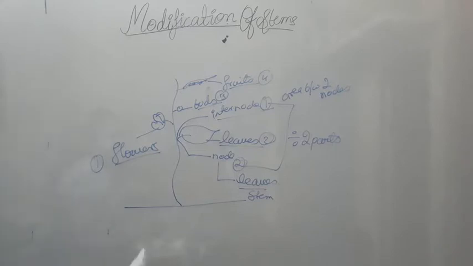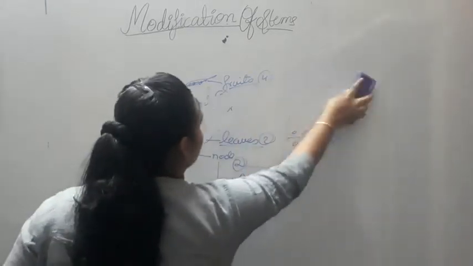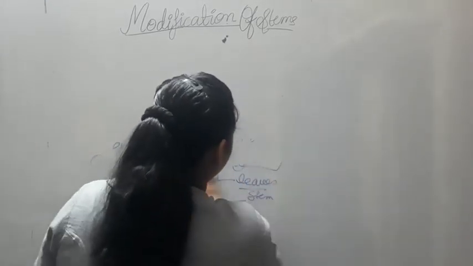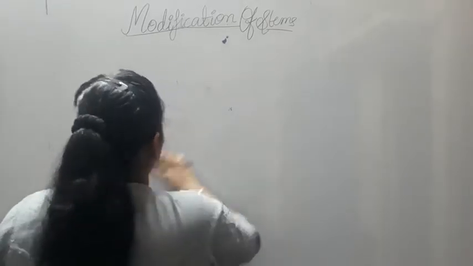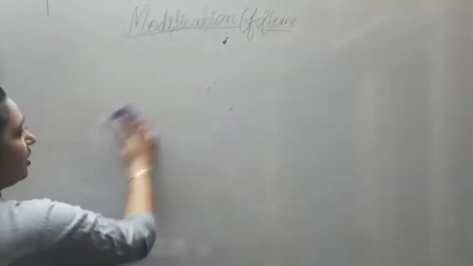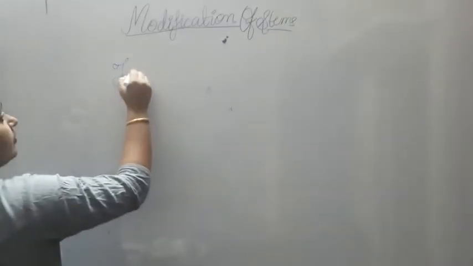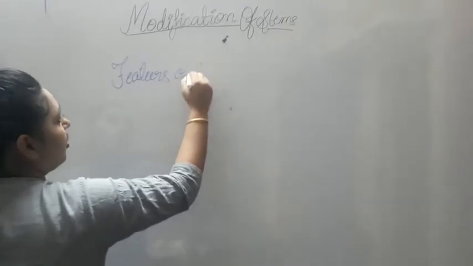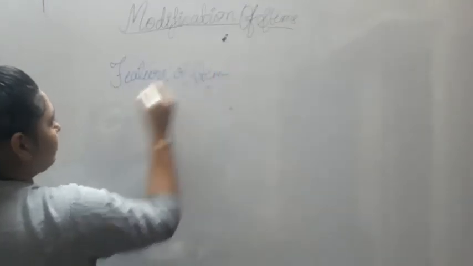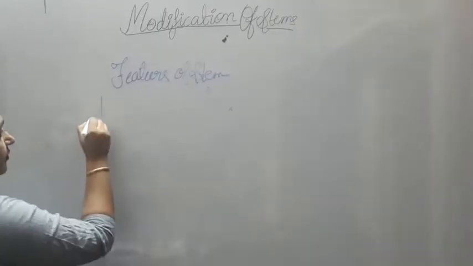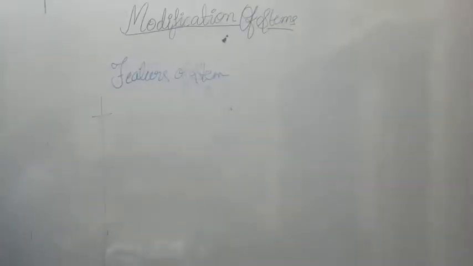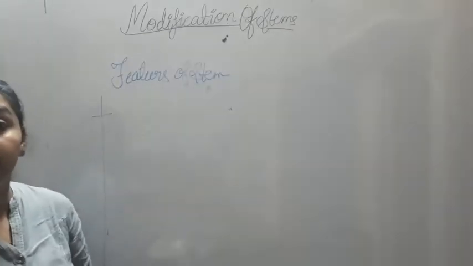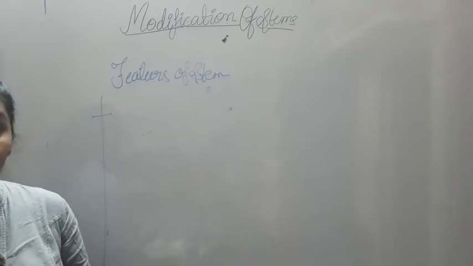Now let us see what the features of a stem are. What do you think? What is the work of a stem? What does a stem do? Can you tell me?